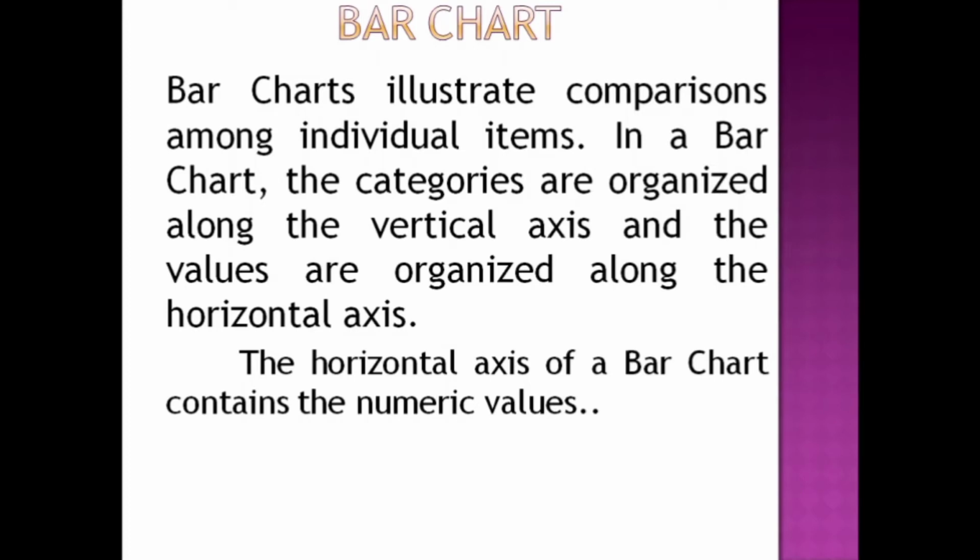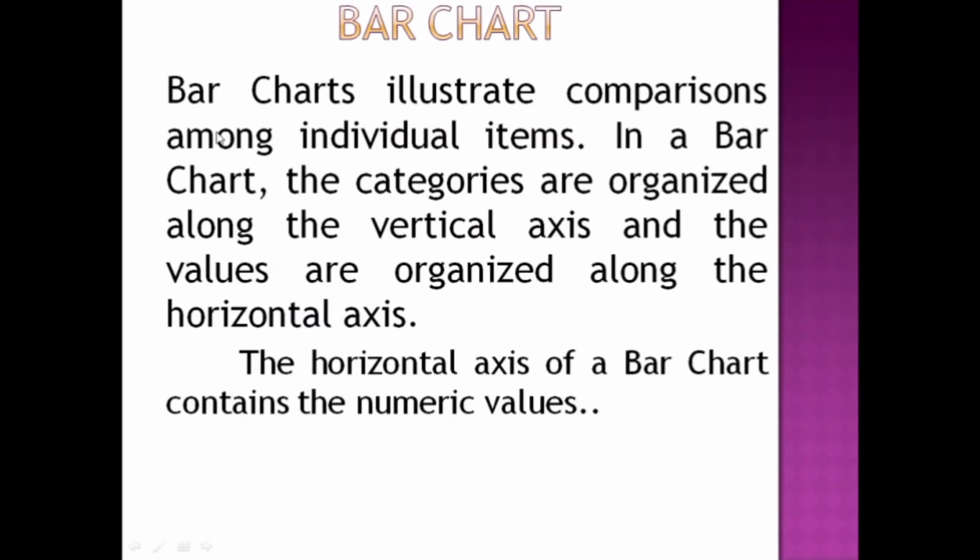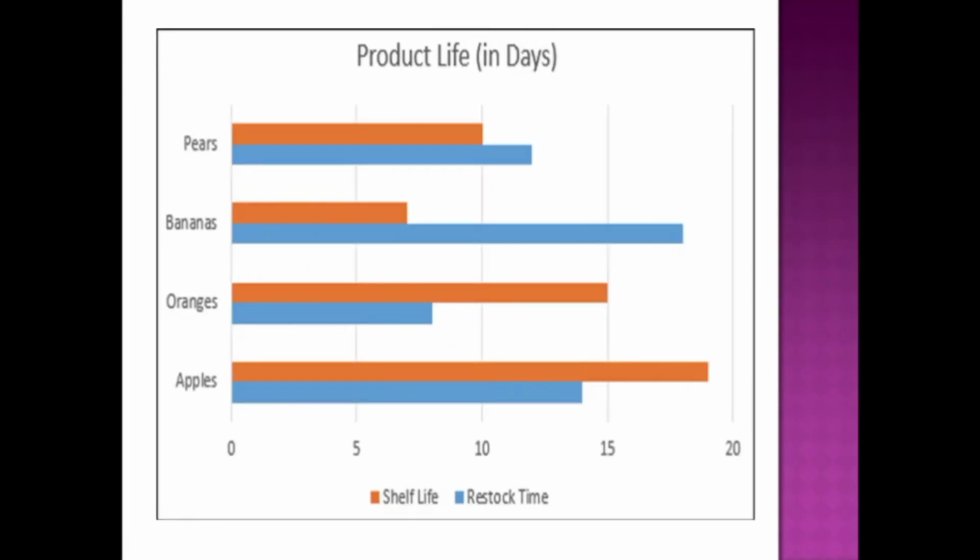The horizontal axis of a bar chart contains the numeric value. Here, it is just different from the previous chart. So the bar chart is used to compare among the individual items.